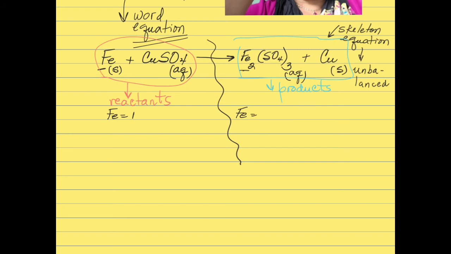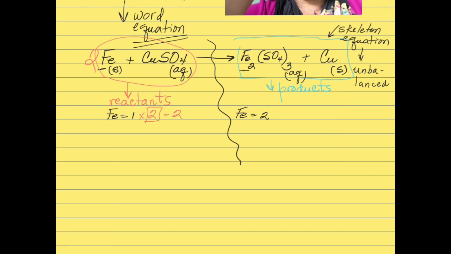Iron, I have 2 in the products. Can I put a 2 over here as a subscript? No, you cannot balance your equation using subscripts. You're going to use a coefficient. I need to multiply this by 2 in order to have 2, and I'm going to put my coefficient in front of the iron.